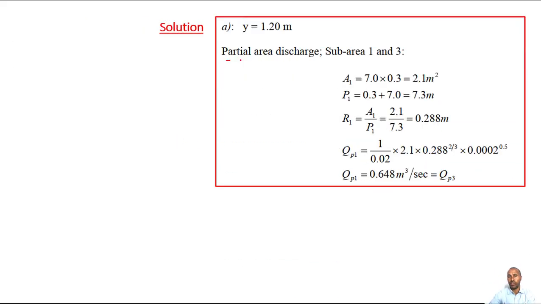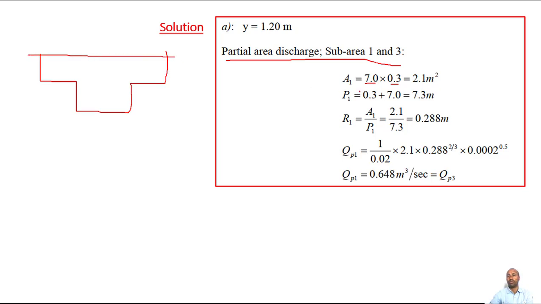Using the partial area method, sub areas 1 and 3 are symmetric, equal. You have 7 meter width and 0.3 meter depth, and on both sides it is the same. So you have to divide; the vertical interface method we can apply.